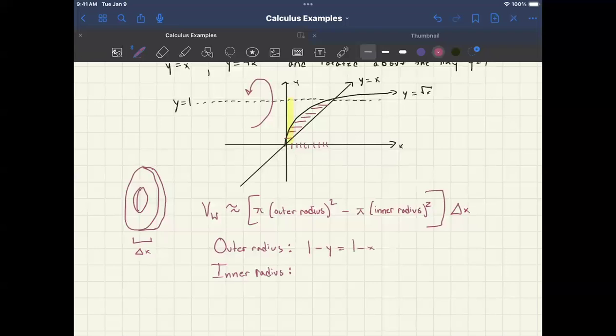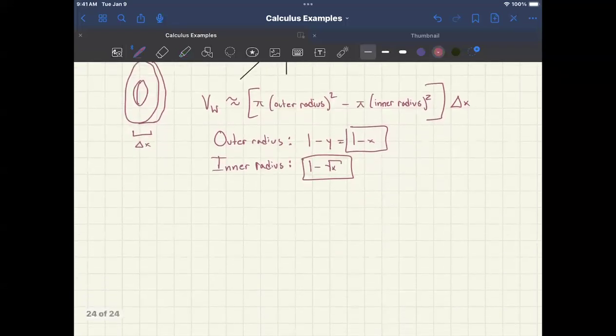However you want to think about it, we are starting at 1, and then we are taking away this distance here, and it's going to change as we move along x. So 1 minus x is going to be our outer radius. Our inner radius, on the other hand, starts at the top, but only goes down to our square root of x function. So our inner radius is 1 minus the square root of x.